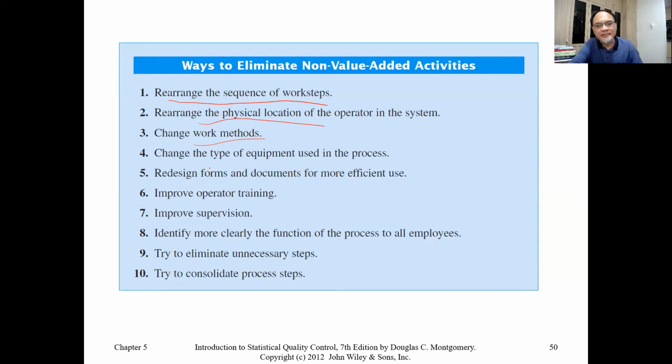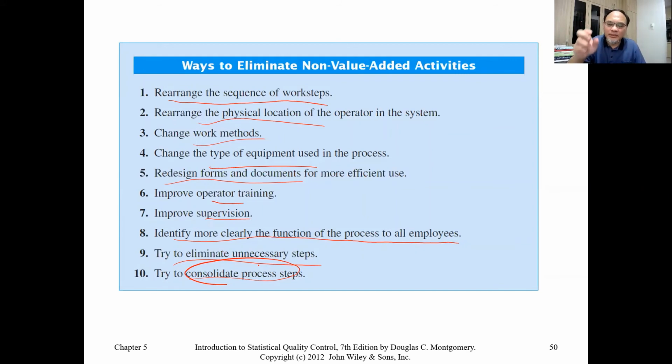But it's not as easy as this actually. You need to actually do a lot of work to find out. Change the type of equipment. Redesign forms and documents for more efficient use. Improve operator training and supervision, try to eliminate unnecessary steps, identify more clearly the function of the process to all employees, consolidate process steps.